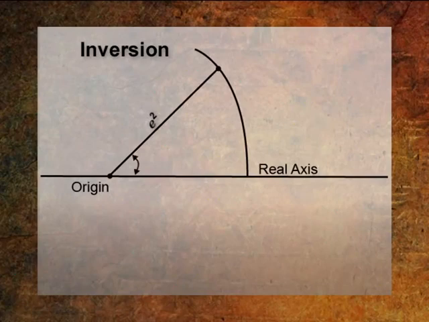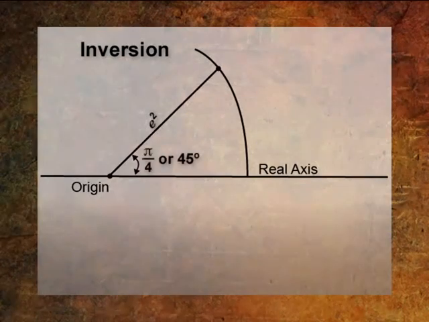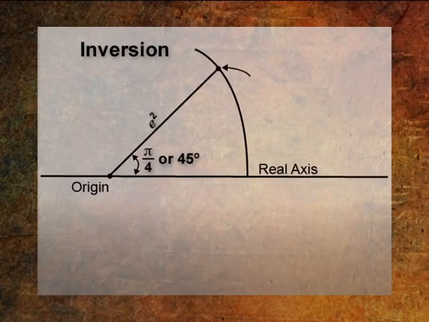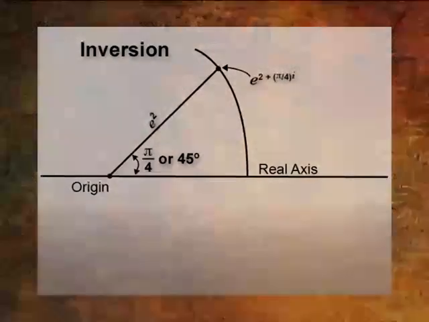And then if the angle of elevation is pi over 4 radians, or in other words 45 degrees, that goes into the complex part of the exponent. And so this complex number that is e squared away from the origin and at an elevation of 45 degrees, or pi over 4, is represented by e to the 2 plus pi over 4 times i.